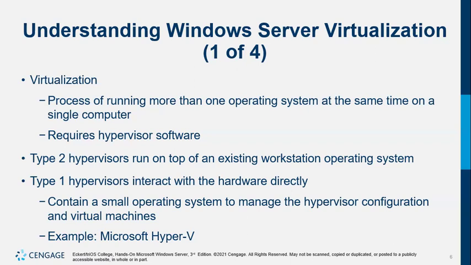So those are the two different types of virtualization. Generally, when you're working on testing, like we'll be doing in this course, you'll be using type 2, whereas in an enterprise environment, you may be using something more like type 1, where it's running directly off of the hardware and is more efficient to run a number of different virtual machines.